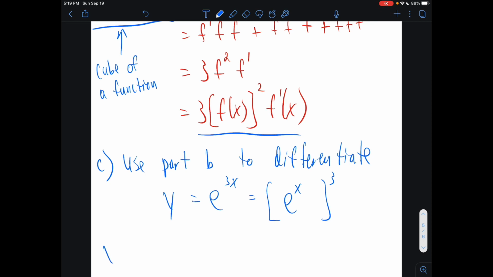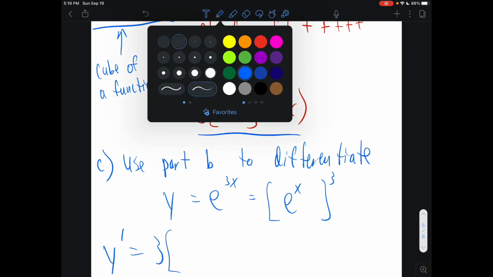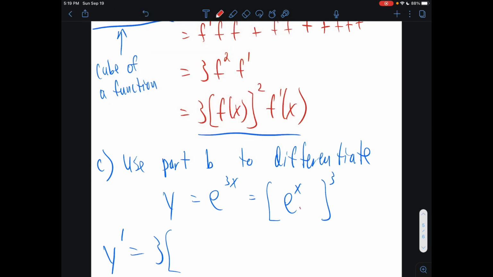So then y prime is supposed to be 3 times the function squared. In this case, f is what's inside the brackets. So it'll be e to the x to the second power times f prime of x.